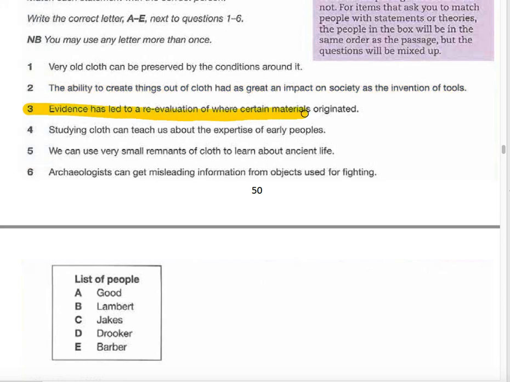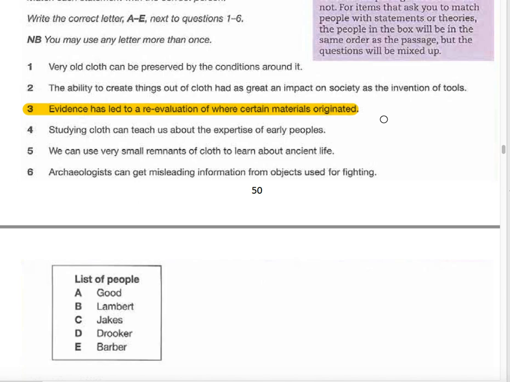So question 3 says, evidence has led to a reevaluation of where certain materials originated. So research has made us think more about where materials were first used.